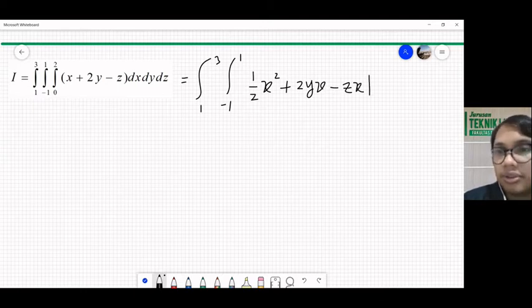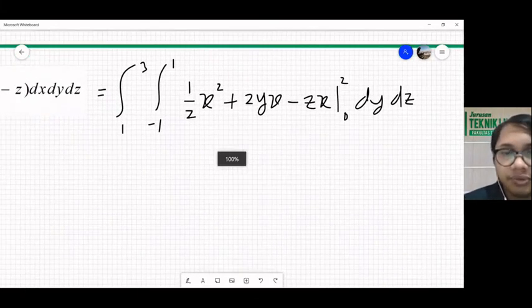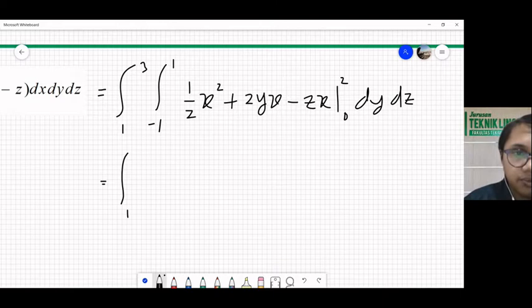Don't forget to write the limit 0 and 2, and dy dz. Now everything is a little bit complicated because we have a lot of constants here. So it's 1, 3, minus 1, and 1.